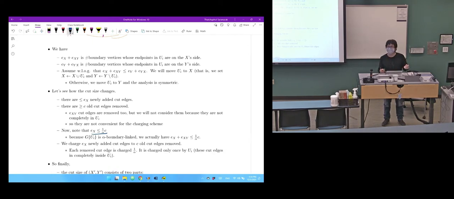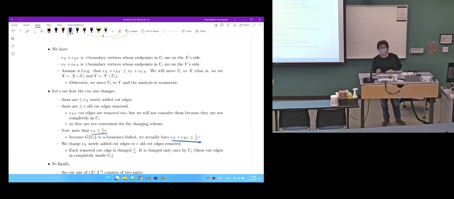I'm still confused about E_XY plus E_YX being at most C over alpha. You mean why this is the case? There is the question about whether we use E_XY or E_YX, that is, whether we divide according to the endpoint outside or inside.